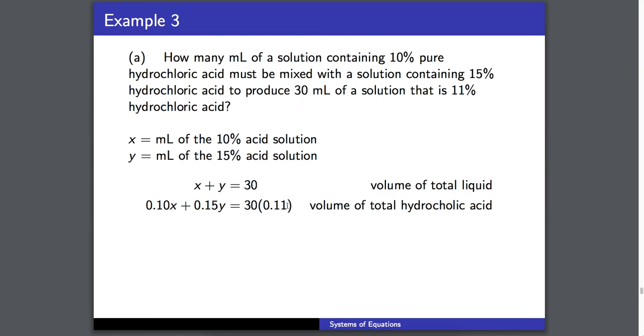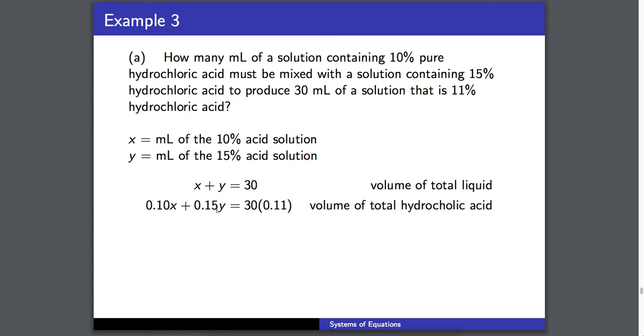The next equation, we can look at in terms of the amount of acid in each of those liquids. So our X liquid has 10% acid solution, so 10% of our number of milliliters of our first solution is going to be pure hydrochloric acid, so only 10% of it though.